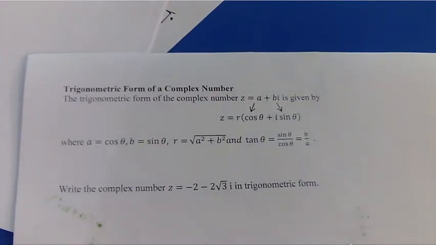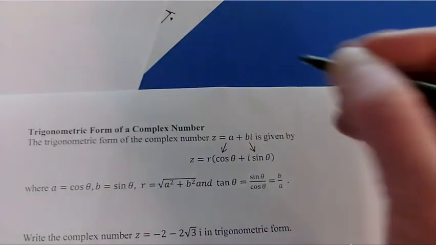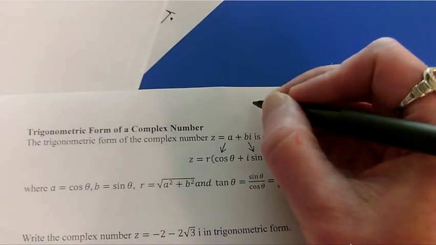Now, we can also write complex numbers in a trigonometric form, and I want to compare this to how we could write a vector.